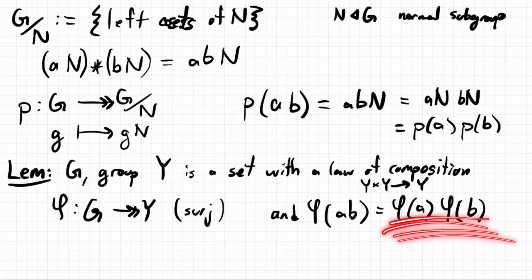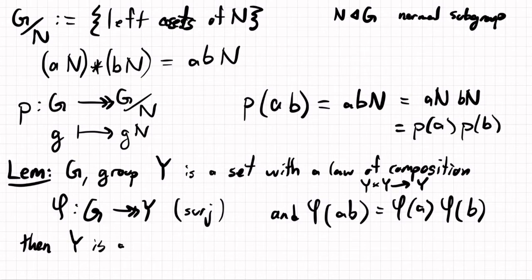And this is the law of composition in Y, and of course multiplication here is just going on in G. Then the conclusion is going to be that Y is a group and phi is a homomorphism.